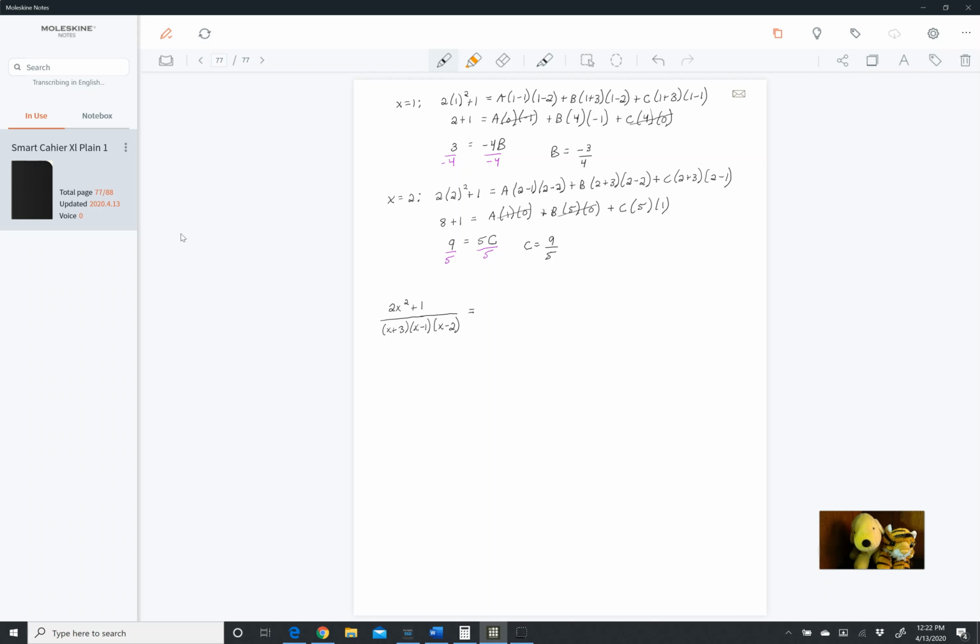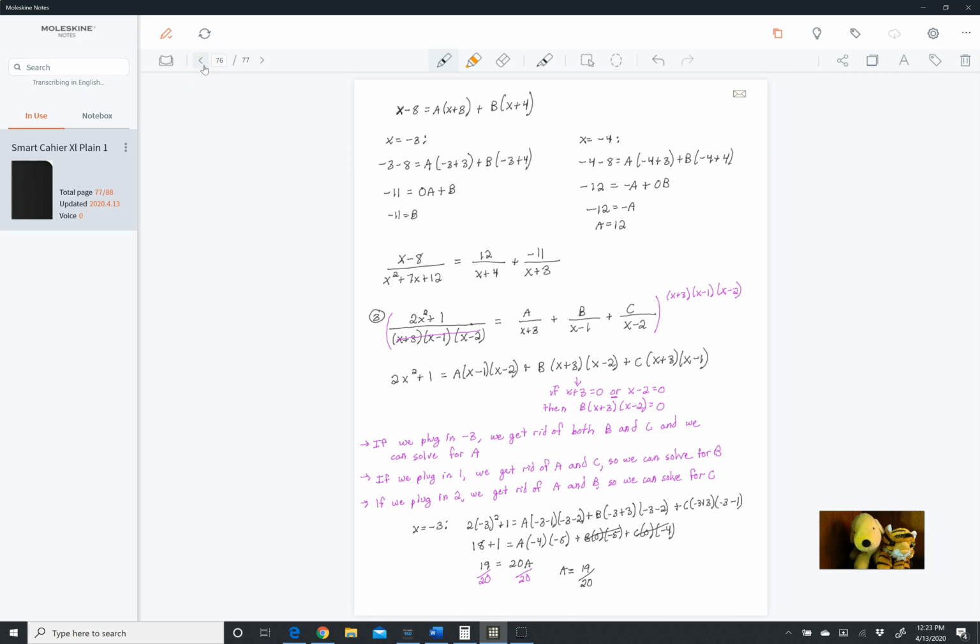So here's how you would plug it in. The 19 is in the numerator, and the 20 just goes into the denominator. So it would look like this, okay? Because essentially what we're doing is a times 1 over x plus 3.